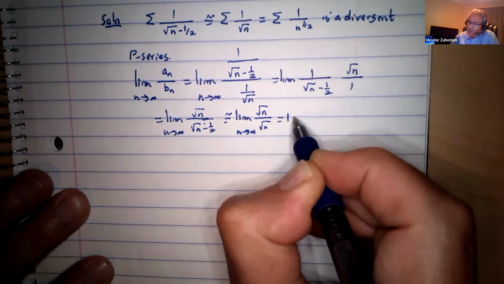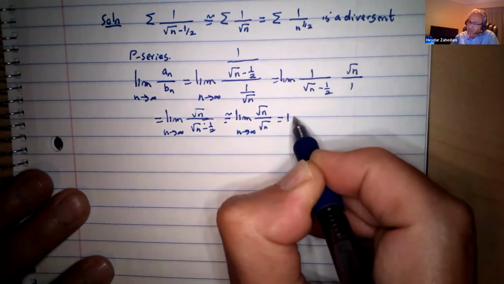So according to the limit comparison test, you see this is the an and the bn. Sigma of bn is sigma of 1 over n to the 1/2, which is divergent. So by the limit comparison test, your series is also divergent.